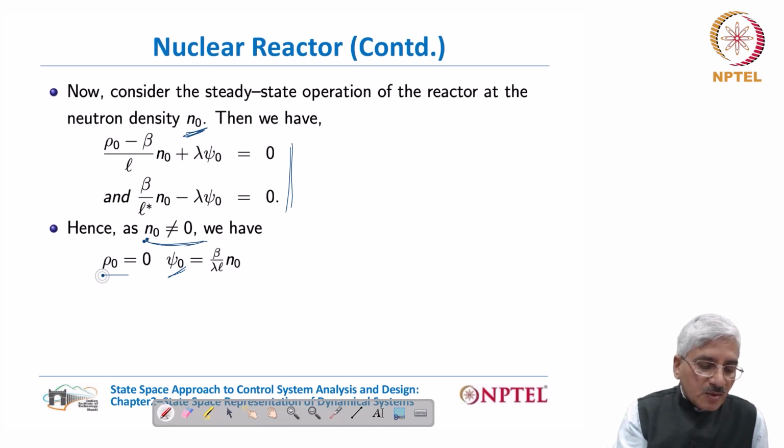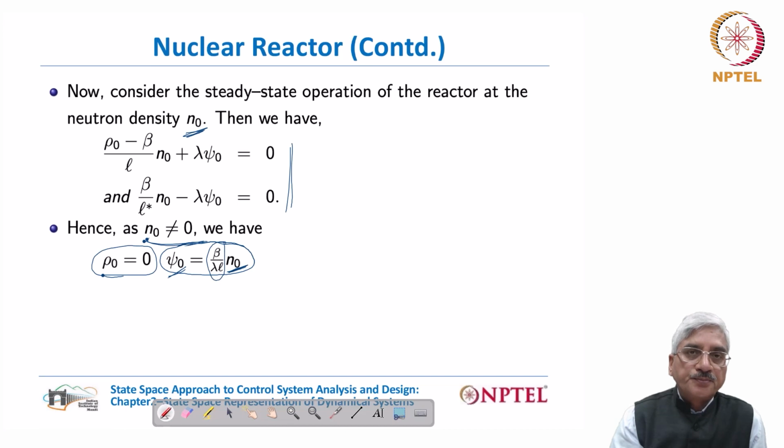At that time ρ0 is 0. This is the condition for steady state operation. And the delayed neutron precursor concentration is proportional to the operating neutron density, and the constant of proportionality is β by λL.